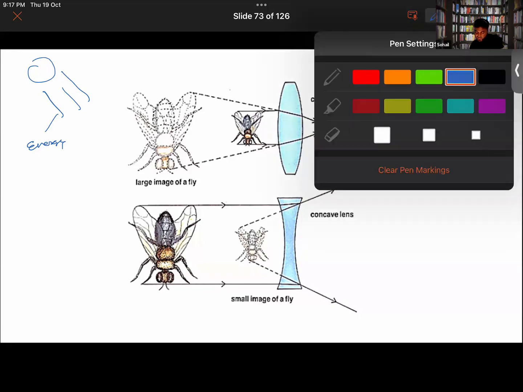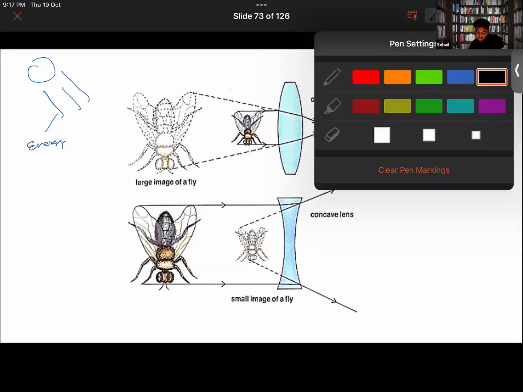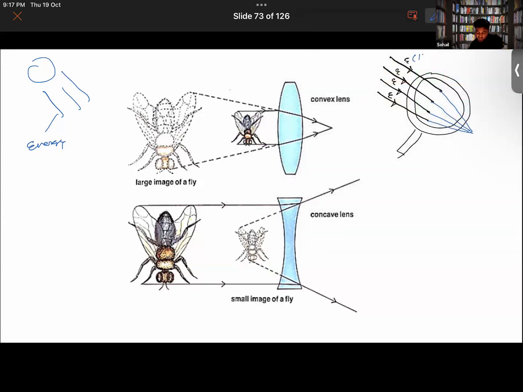Now each ray has some energy, and that energy is in the form of heat. That's why we feel warm in the summer season, because the sun's rays are bright and have energy, which is basically heat.